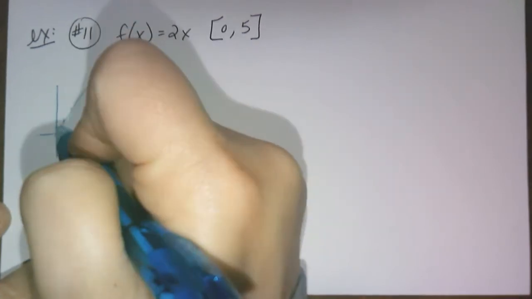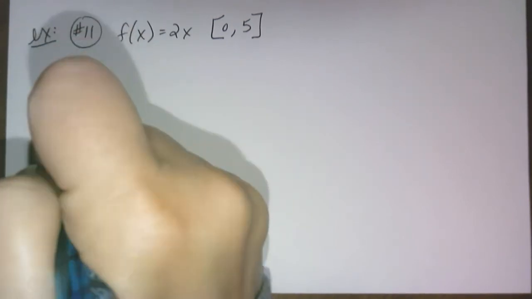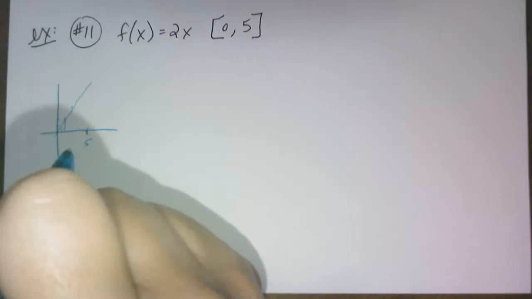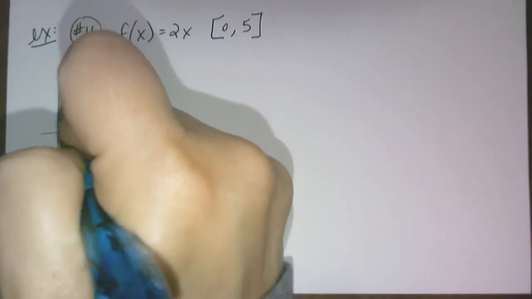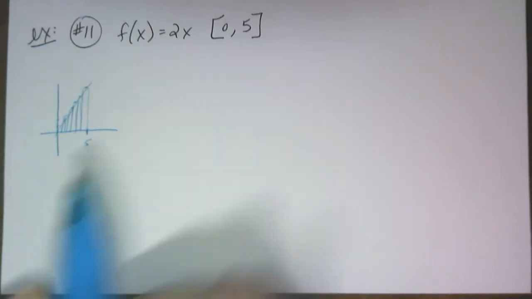And we're going to draw an infinite amount of rectangles. Right rectangles, I guess it should start here. Bunch of rectangles. Okay? We're going to find the area under that.